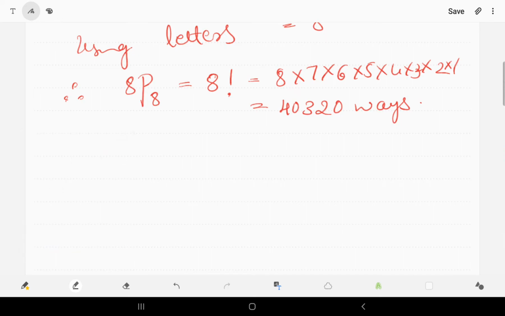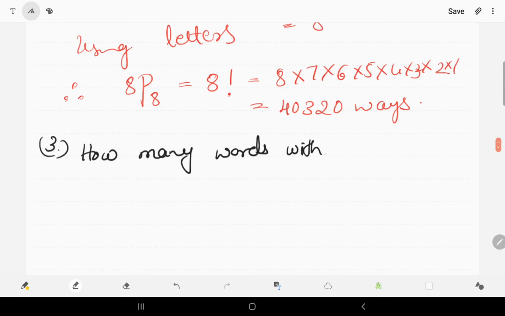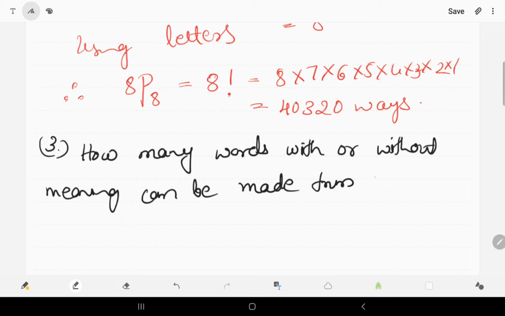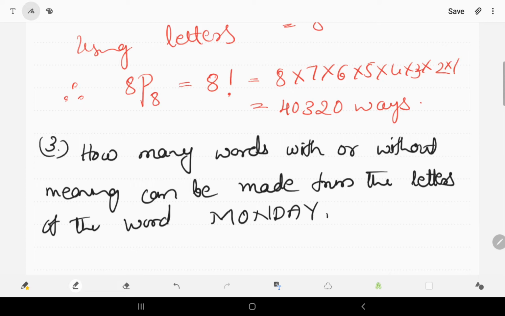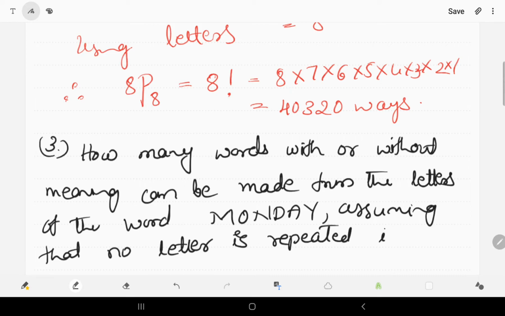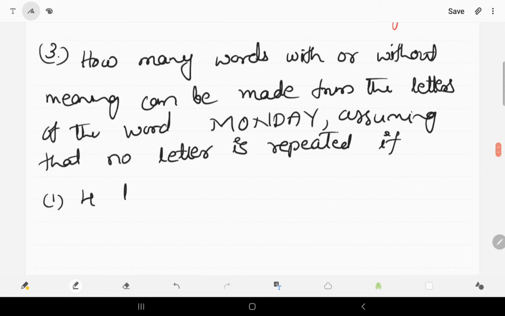Next question. How many words with or without meaning can be made from the letters of the word MONDAY, assuming that no letter is repeated, if 4 letters are used at a time.